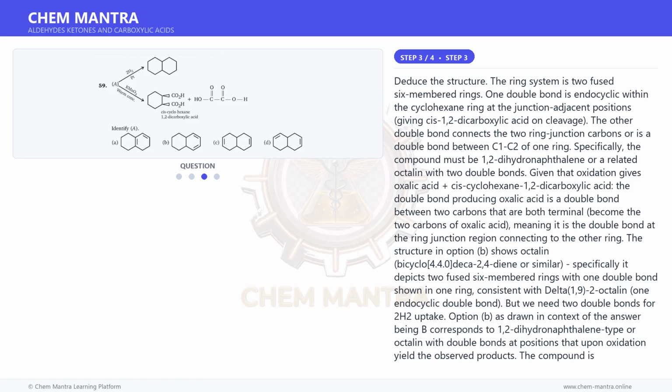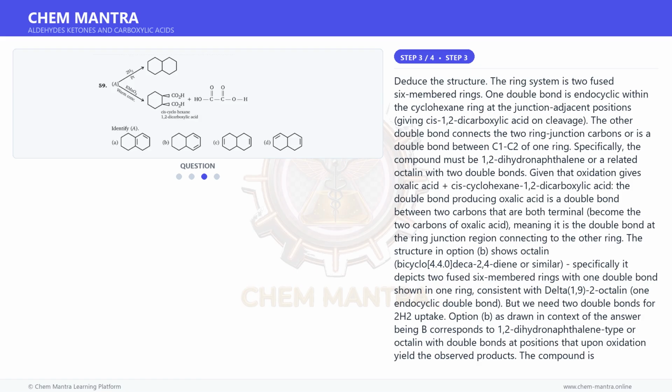Specifically, the compound must be 1,2-dihydronaphthalene or a related octalin with 2 double bonds. Given that oxidation gives oxalic acid plus cis-cyclohexane-1,2-dicarboxylic acid, the double bond producing oxalic acid is a double bond between 2 carbons that become the 2 carbons of oxalic acid, meaning it is the double bond at the ring junction region connecting to the other ring.